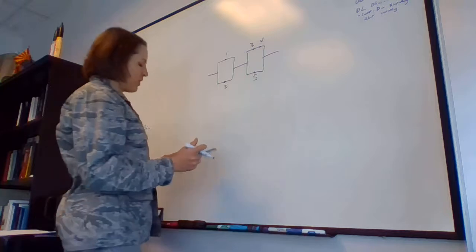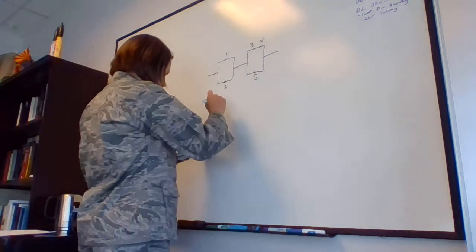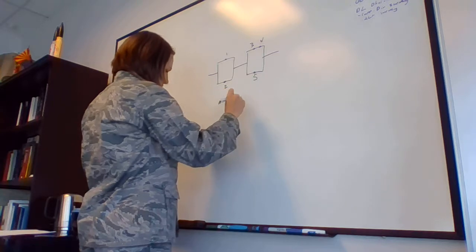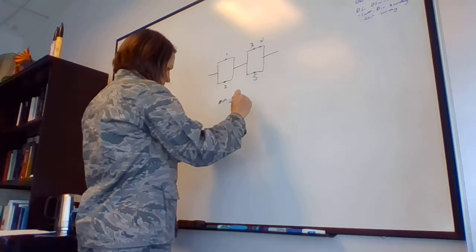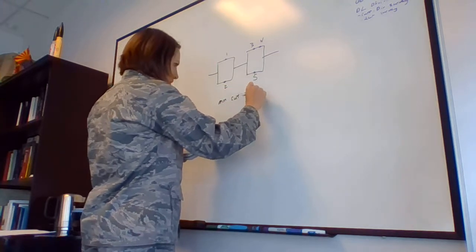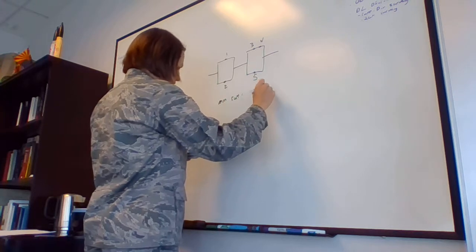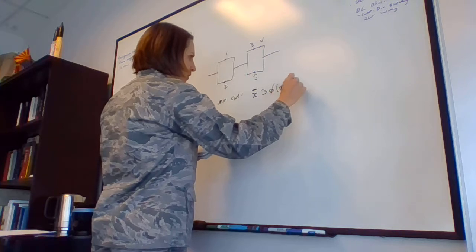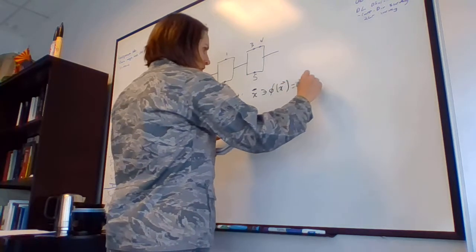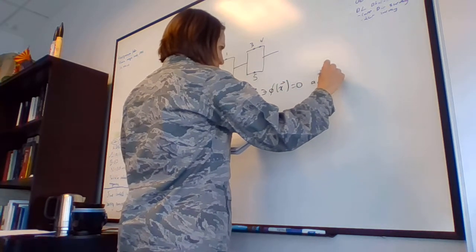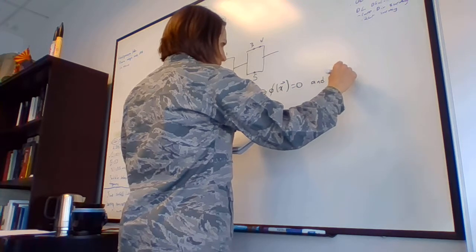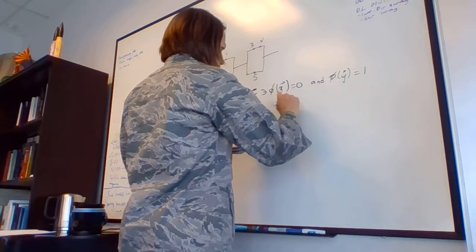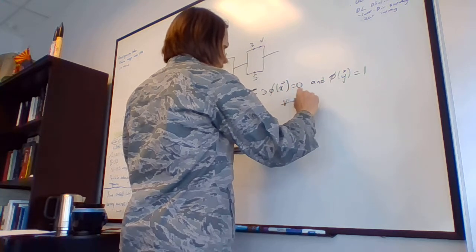So notationally, we represent a min cut as x such that the structure function gives you a 0 and the structure function of y, another vector, gives you 1 for all y that are greater than x.